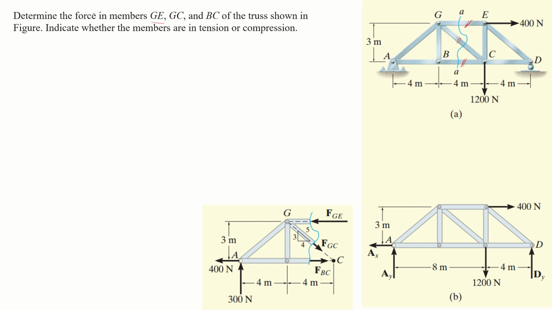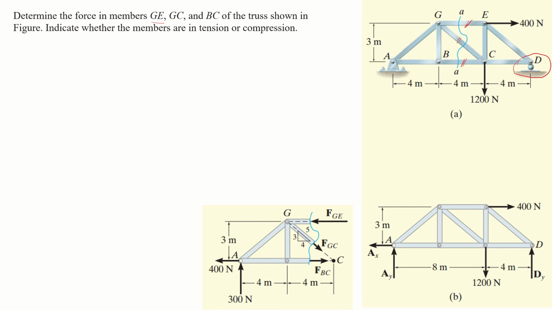It is also asking you whether the members are in tension or compression. So the first step is to find the support reactions. We can see this truss is supported at point D. This is point D, where you can see a roller support is given.